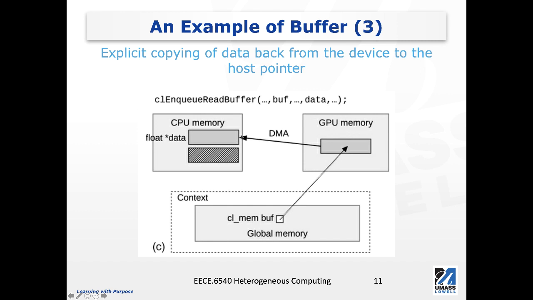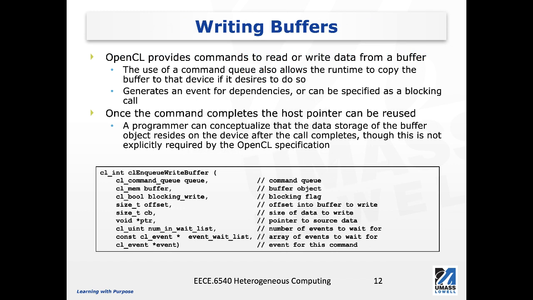At this point, there will be another direct memory access operation that copies the data from the GPU memory to the CPU memory. Or if it is an FPGA, then it's the FPGA-side memory unit. So that was the read operation on the buffer objects.